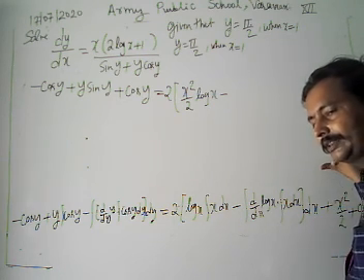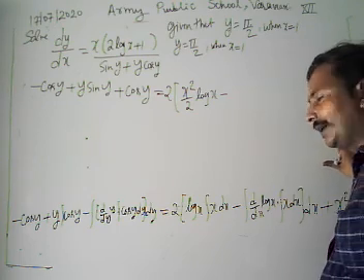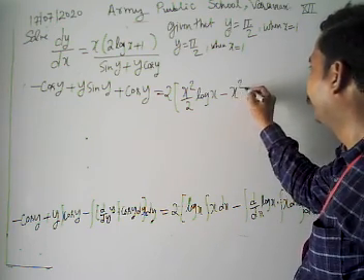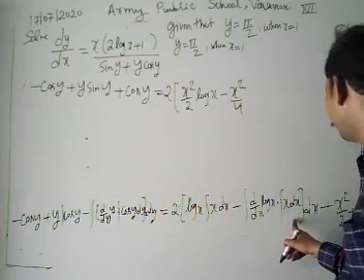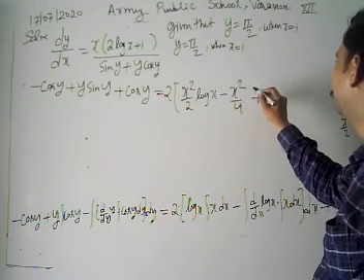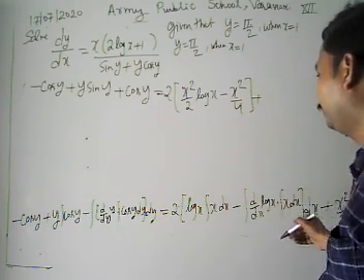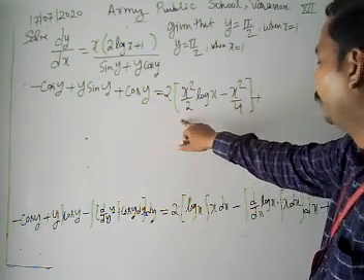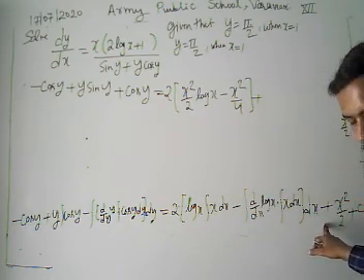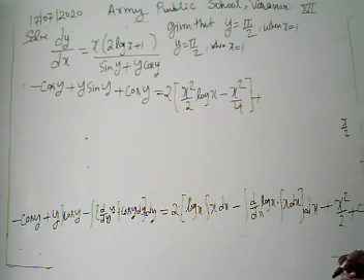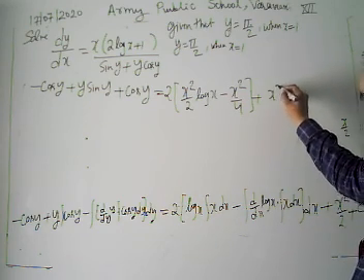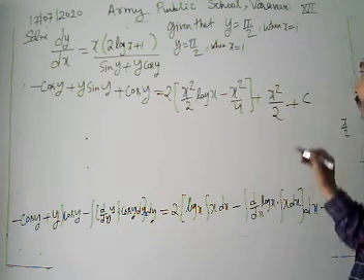Integration of x is x square by 4. Then we get x square by 4 here. We solve this, and take the bracket. Look, what we have done: 2x into log x. The 2 is outside the bracket, then we have x square by 2 plus c.